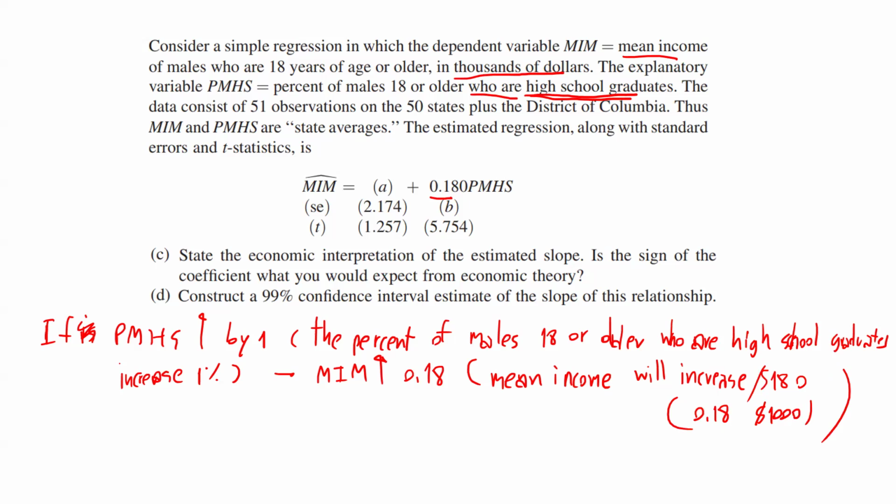So they have a positive relationship between education and income. The higher percentage of people that attend high school, the higher income in those cities.